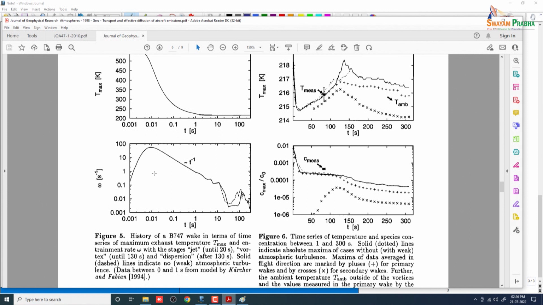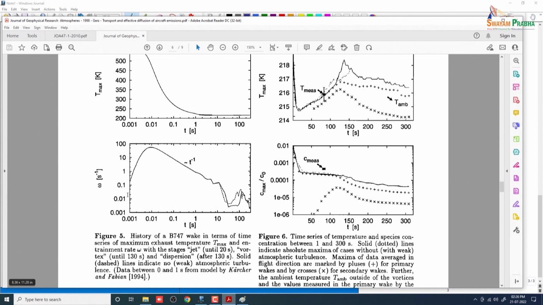For example, here this is a 747. Maximum exhaust temperature and entrainment rate. I'm looking at this plot here, the entrainment rate. So the jet stage is about 20 seconds.